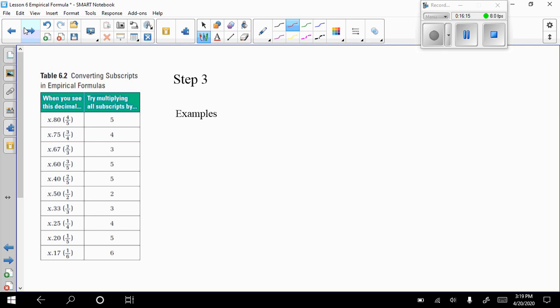Let's say that you were doing your analysis, and in step 2 your answers were 3 moles, 6 moles, and 2 moles.